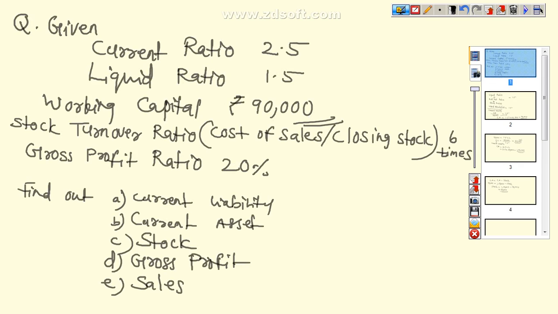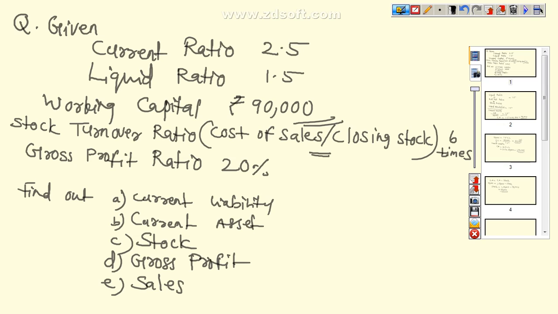And next we have to calculate gross profit. Next information is given, stock turnover ratio. Stock turnover ratio, in bracket it is given cost of sale upon closing stock. In between any equation, if a slash or the word 'upon' is written, then it means divide by.